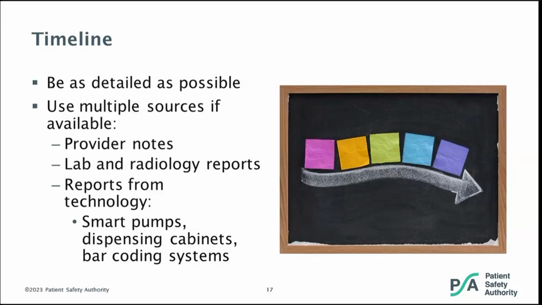Think outside of the box and consider using multiple sources of information available to you, such as provider notes, lab results, imaging reports, and reports from other types of technology like smart medication dispensing cabinets, or barcode information. Note on the timeline if there are any discrepancies. For example, if the times that charted vital signs were different than what was revealed in your interviews, just make a note of that for yourself.